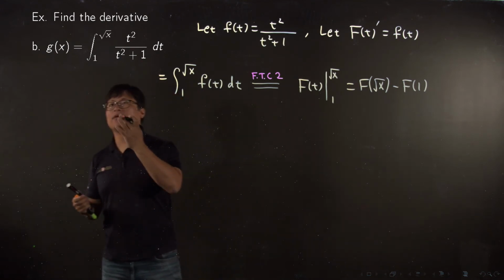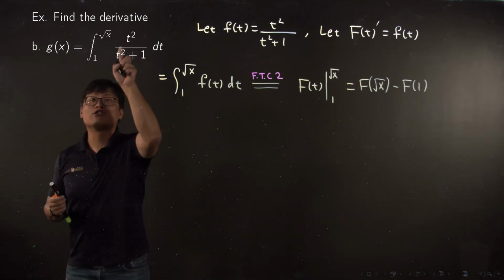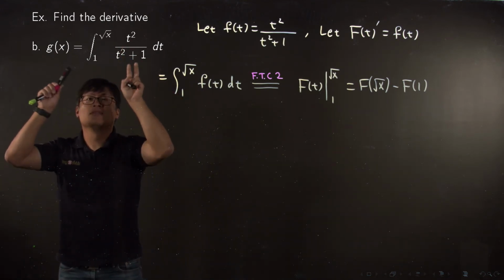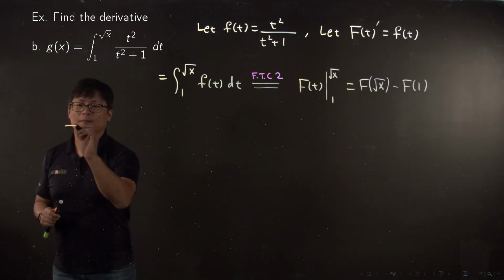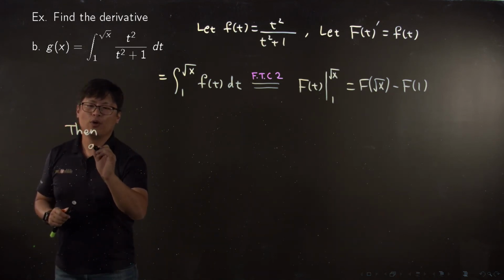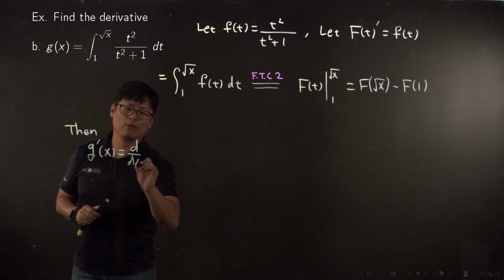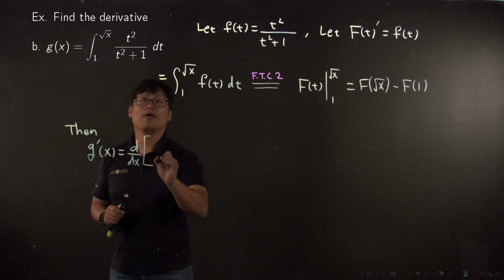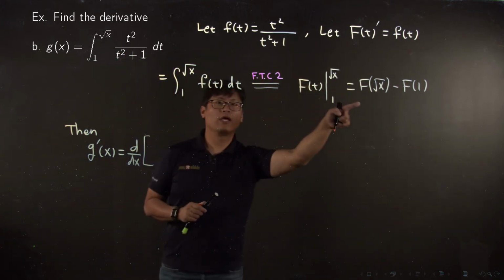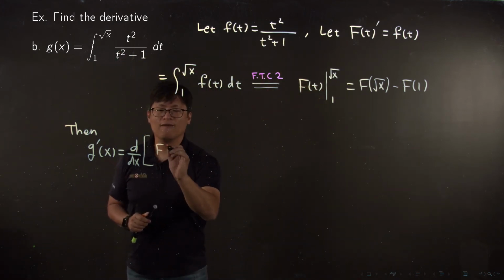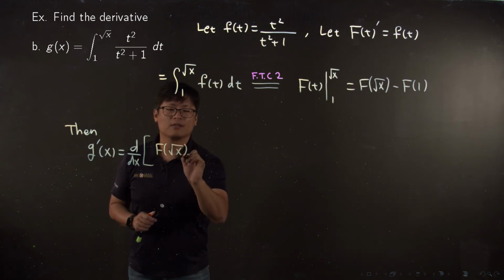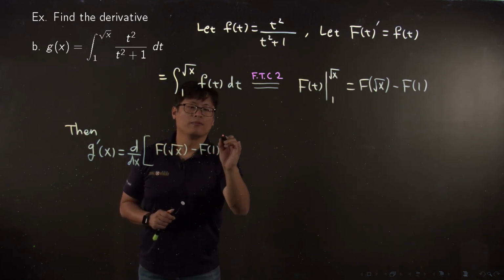Now it is time to take the derivative, because the question asks you to find the derivative. We need g prime of x, which is the derivative with respect to x of this integral, or we can use this one instead: F of square root of x minus F of 1.